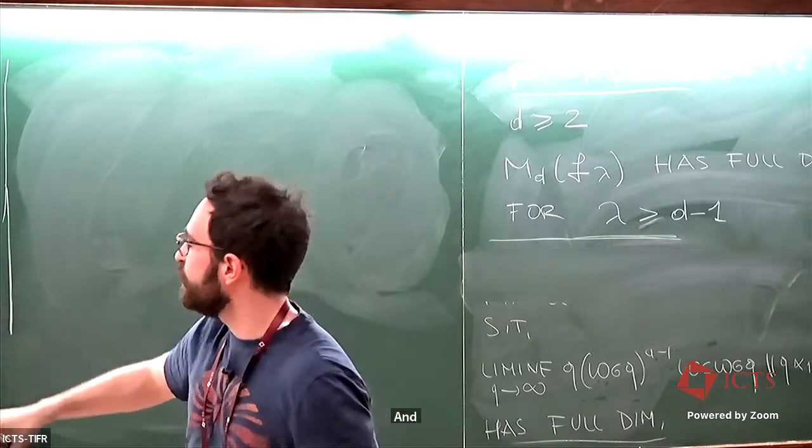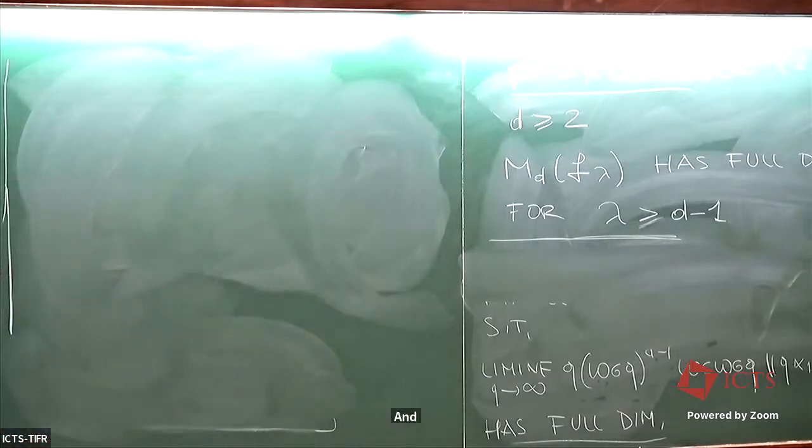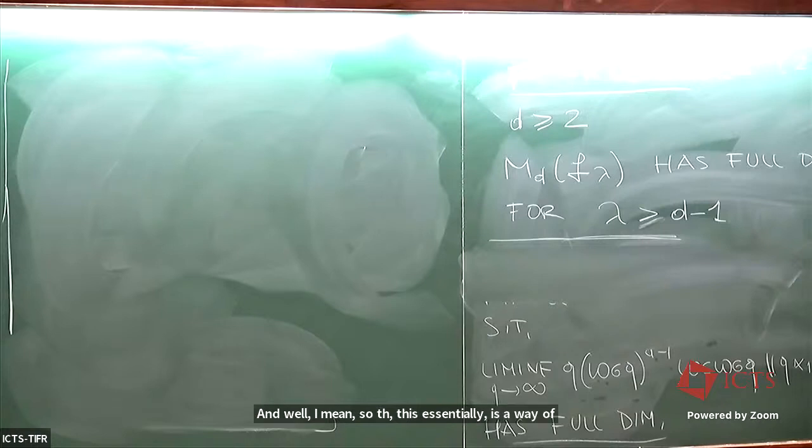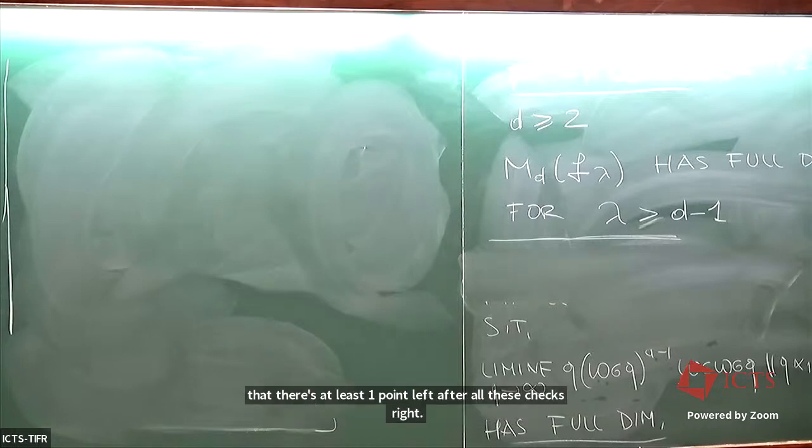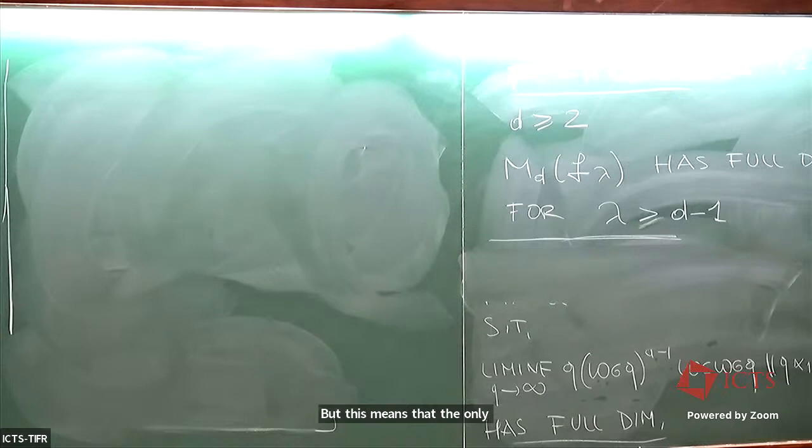So I want to say that there's at least one point left after all these checks. But this means that the only point that's left is badly approximable.